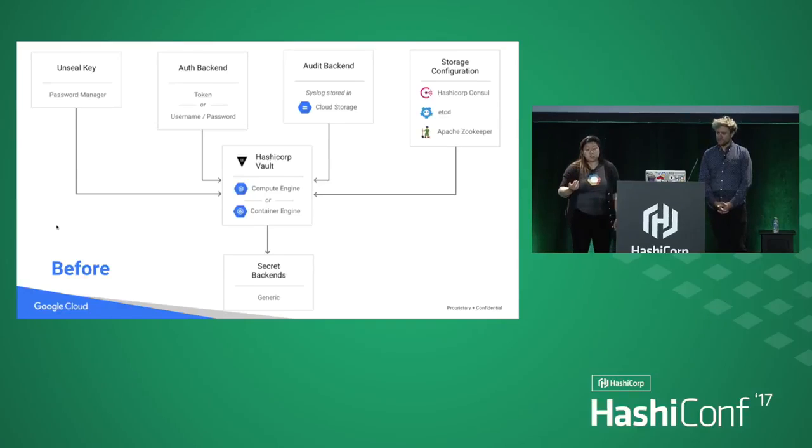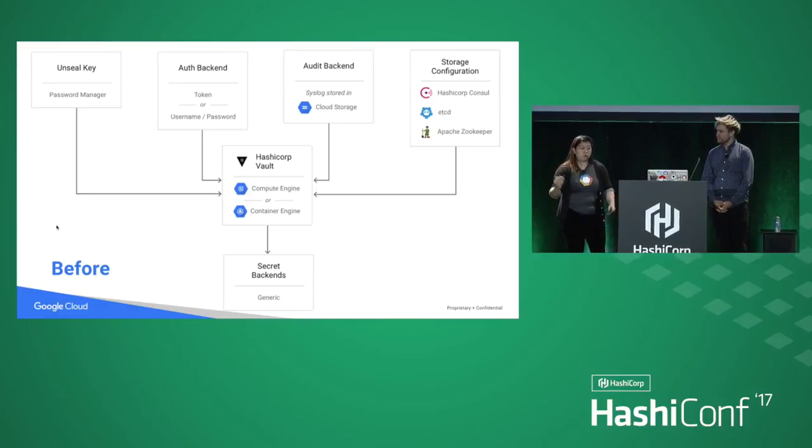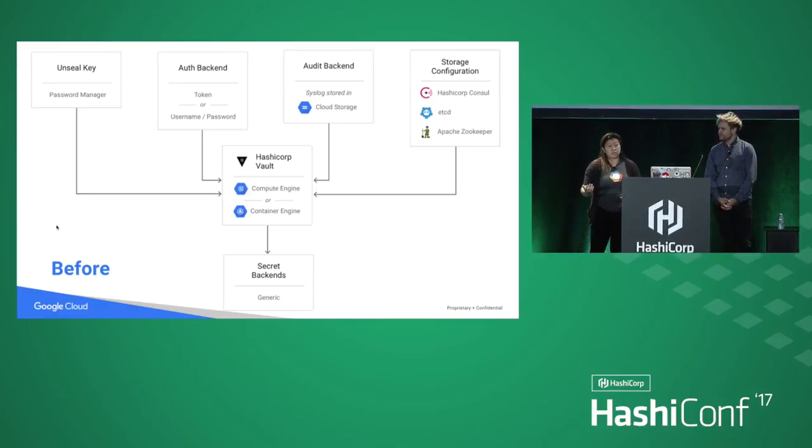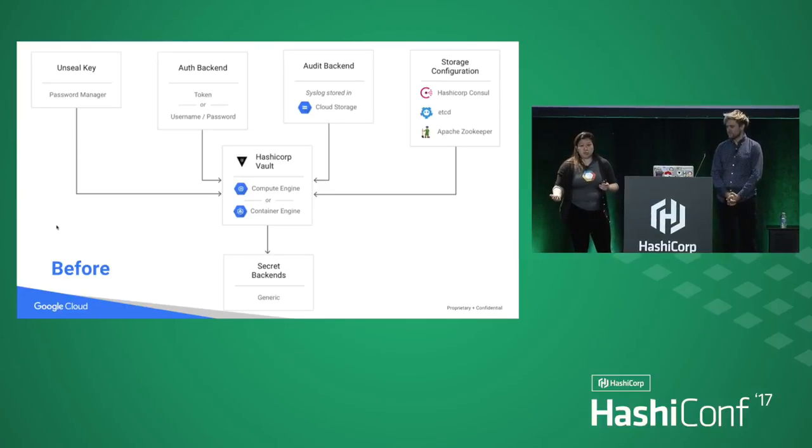You have an authentication backend, which is how people obtain tokens to talk to Vault, and how secrets in Vault are ACL'd. Most commonly we saw people using a username and password that they generated on Vault, and so that's a separate identity from anything in GCP. Once you authenticate, then you get access to secrets.